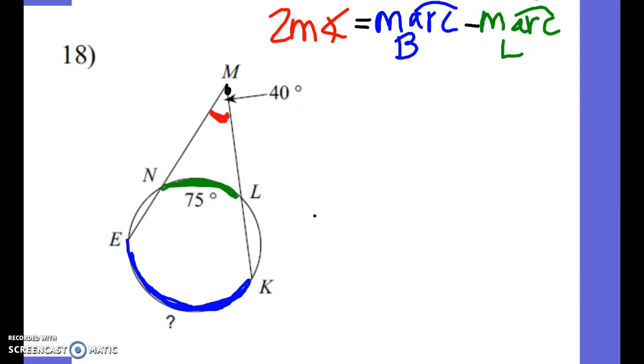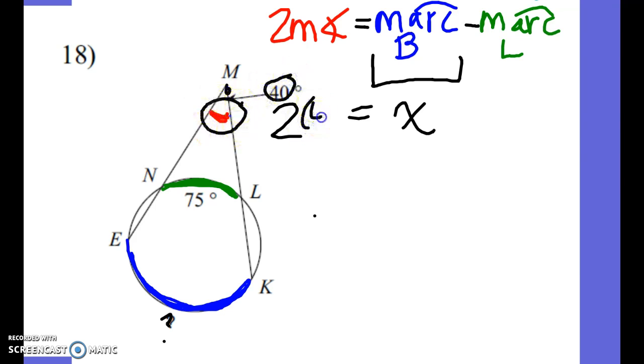The next thing I'm going to ask myself is, where is the question mark? What am I looking for? Well, that's the large arc, the big arc. So I'm going to call that x. And then I'm going to go about filling in the other information. So 2 times the angle, which is 40, is equal to x minus the little arc, which is 75.